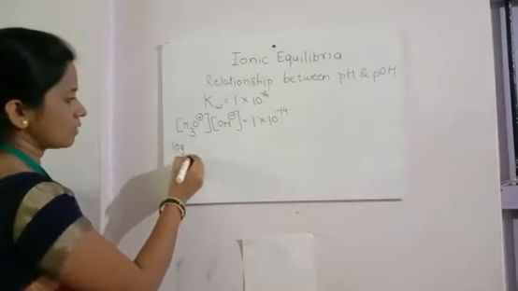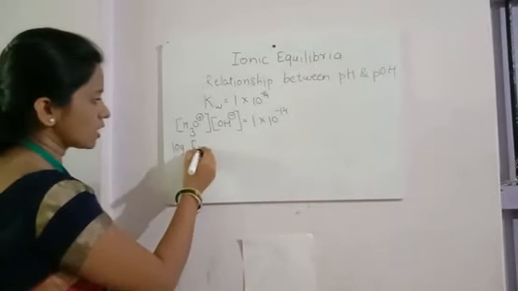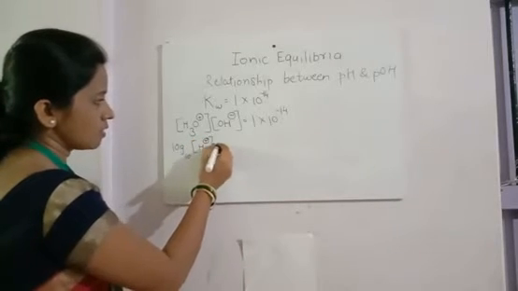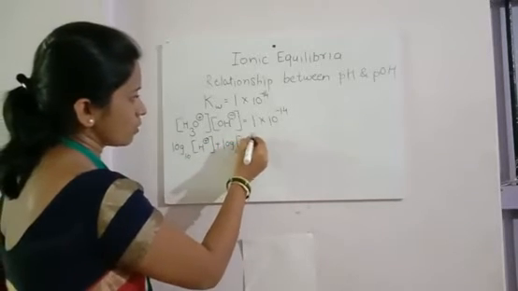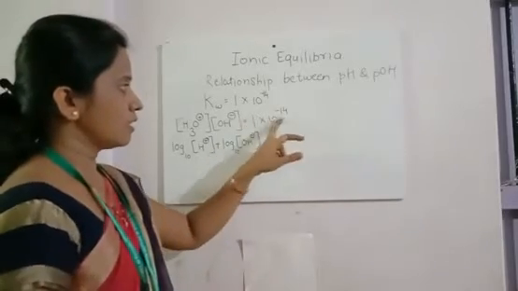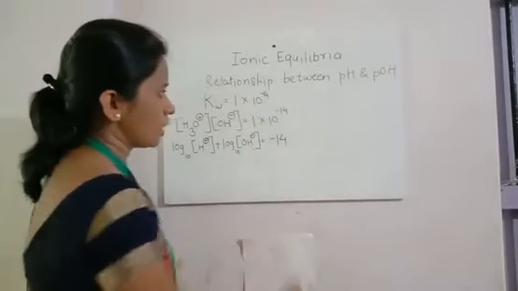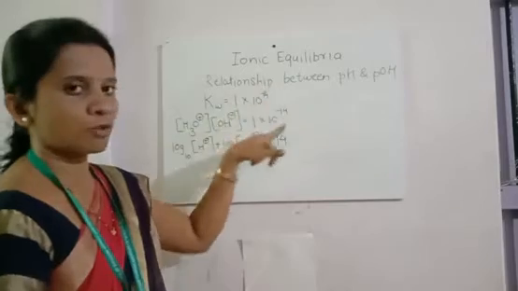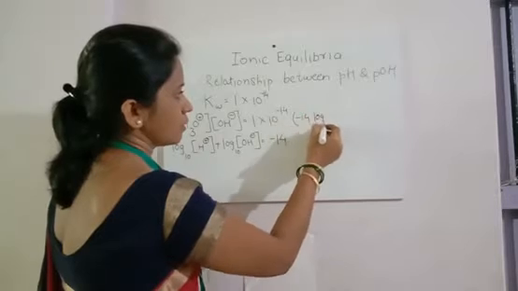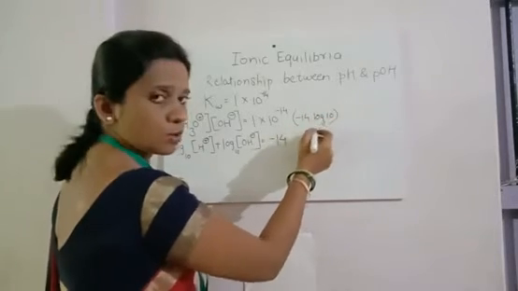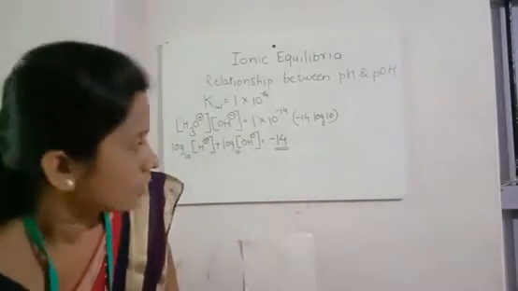Log to the base 10 of the concentration of H plus ions, plus log to the base 10 of the concentration of OH minus ions, and after taking log on the right side we get minus 14 log 10, and log of 10 is 1. So here we get the value minus 14.